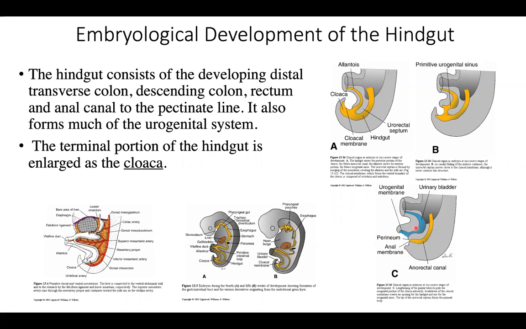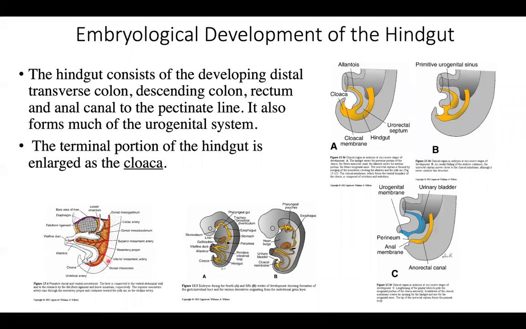That's the only time you can say, okay, now we have a future anus. But even at that time, the anus is still closed, because the anal membrane is closed, and the urogenital membrane is also closed.